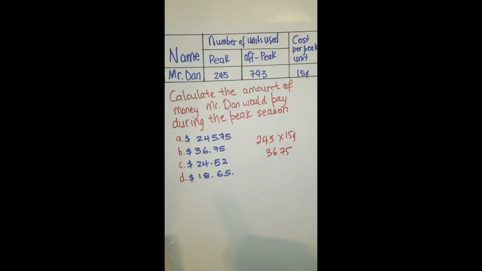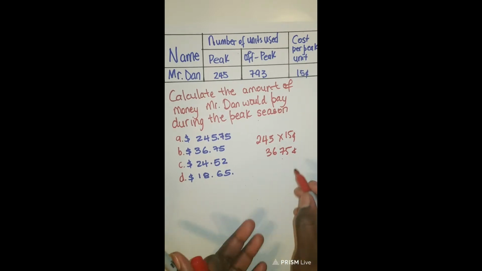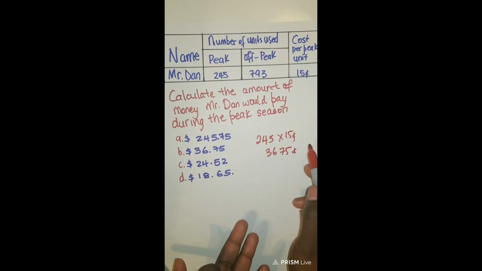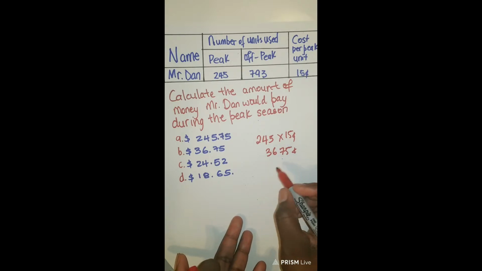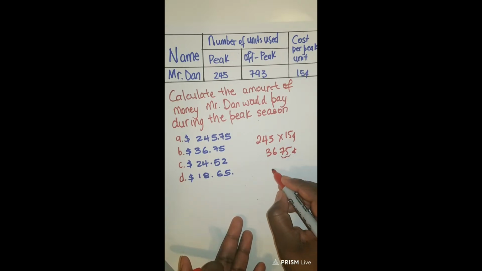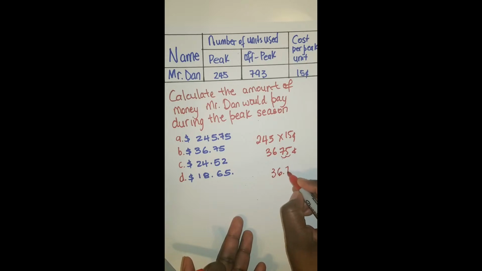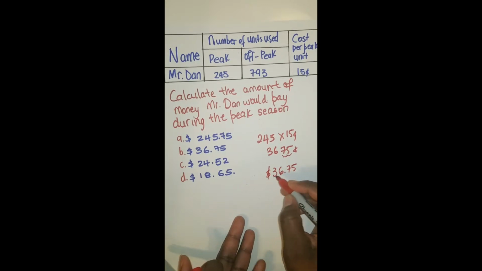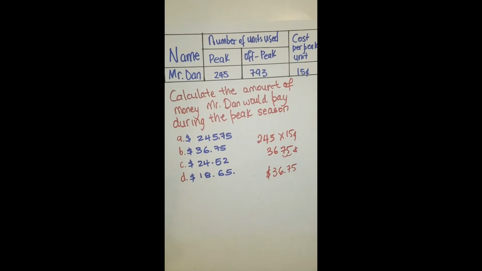And this is basically in cents as well. So when you convert this to money, we know it's 2 decimal places. So you divide this by 100, or you move 2 decimal places to your left, which will give you 36.75, and it's $36.75 for this answer.